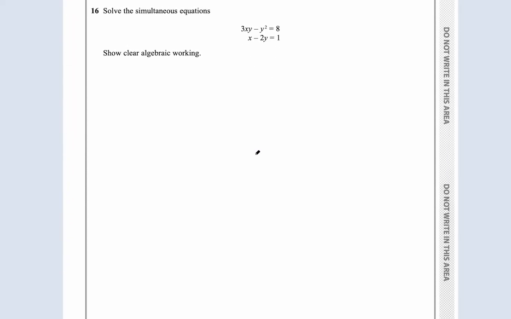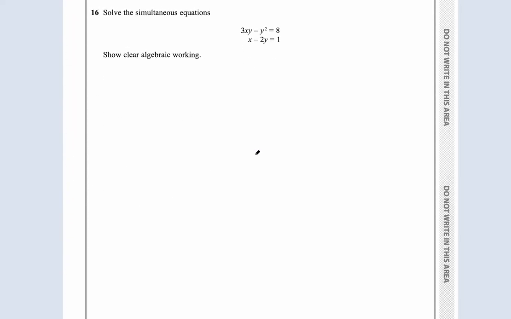Question 16. Solve the equations simultaneously, simultaneous equations. So I have a linear equation and a non-linear one. The best thing to do is get the non-linear one and put it into the linear one. So how can I do that? Well, I'm going to make x the subject for this one. So x is equal to 1 plus 2y. So I add the 2y.